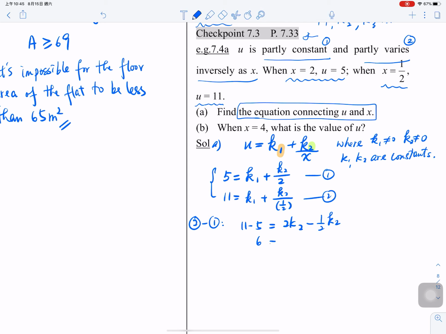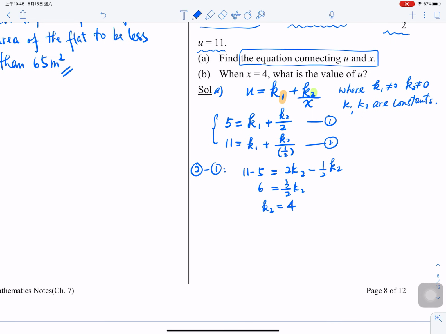So you get that 3 over 2 k2 equals 6. So what is k2? Yeah, k2 equals 4. Correct. And substitute back to find k1. Now k2, substitute 4 into it. So k1 equals 3.